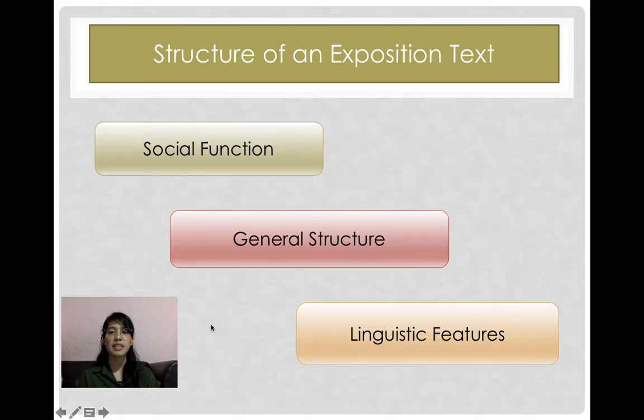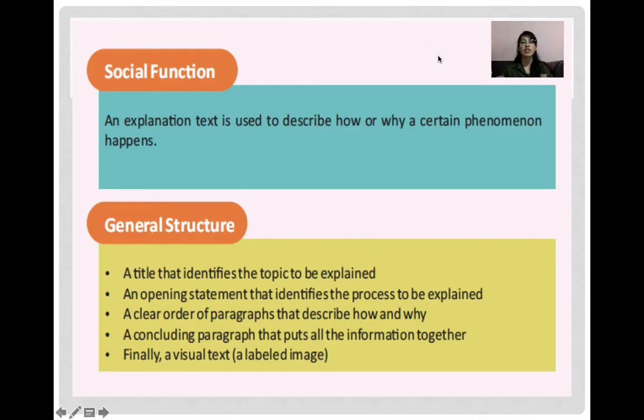And now let's see the structure of an explanation text: social function, general structure, and linguistic features. I will explain you one by one. Let's see the social function. An explanation text is used to describe how or why a certain phenomenon happens.